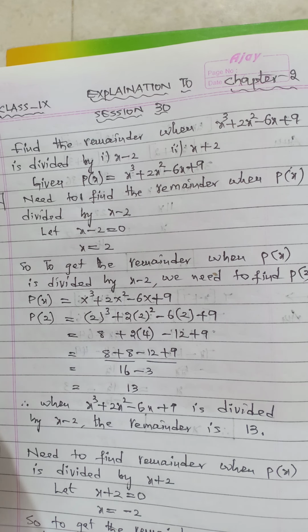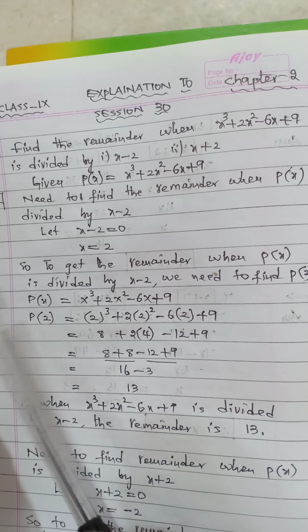It says that first you take the given polynomial as p of x and consider it being divided by a linear polynomial. Then we transform that linear polynomial to find a value for the variable and substitute it to get the remainder.